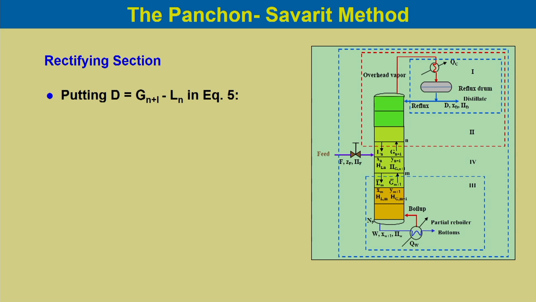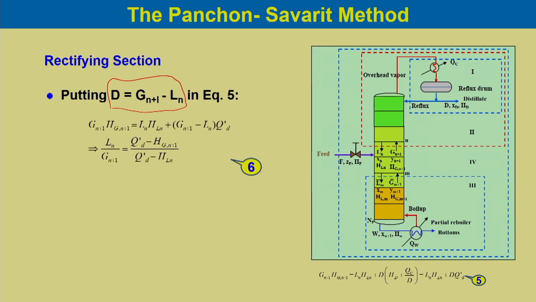Now, putting D from the overall mass balance, D is equal to G n plus 1 minus Ln in equation 5. We can substitute over here in place of D, that is G n plus 1 minus Ln, and it would be Ln by G n plus 1 would be equal to Qd dash minus HG n plus 1 divided by Qd dash minus HLn.